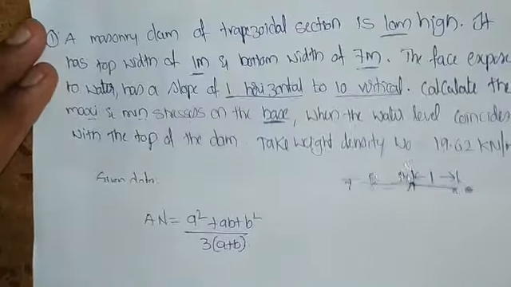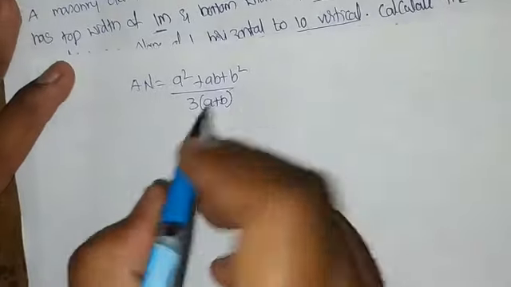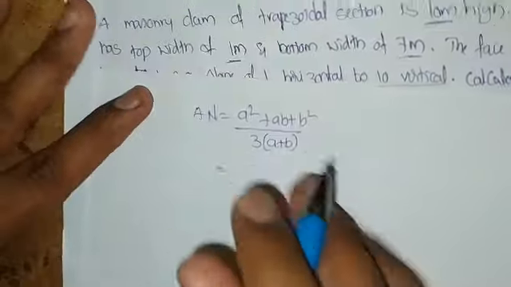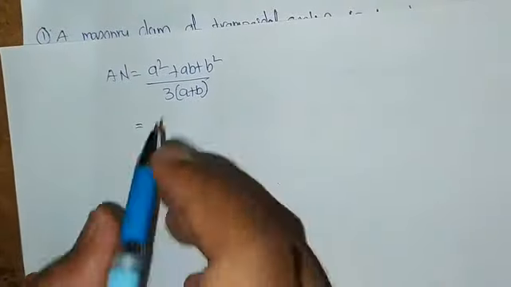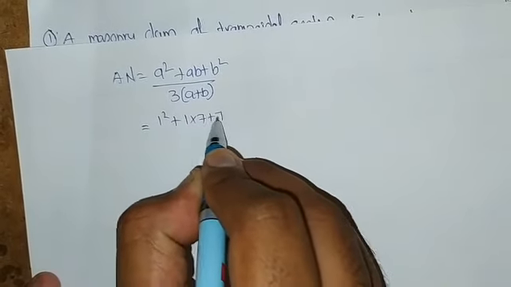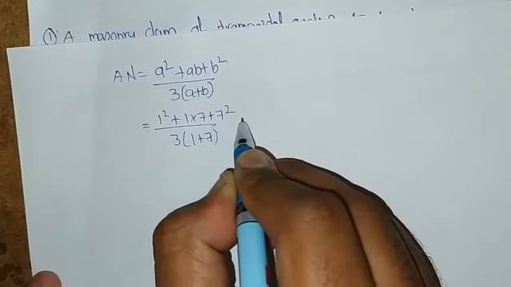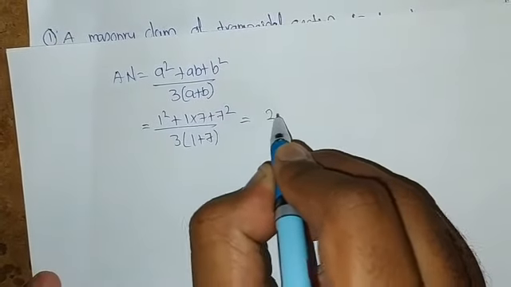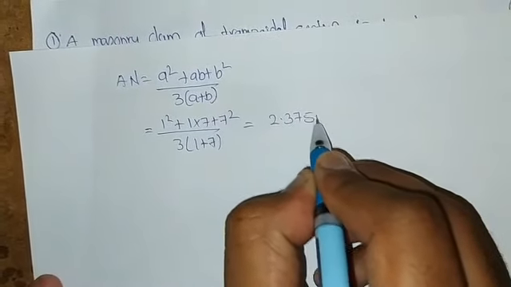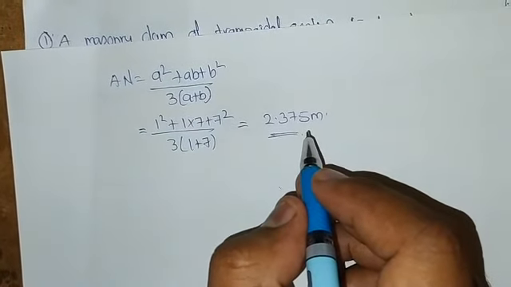We know the value of A is given as 1 meter and B as 7 meters. By substituting these values, 1 square plus 1 into 7 plus 7 square, by 3 of (1 plus 7). So that value will become 2.375 meters. So the distance of AN is 3.75 meters.